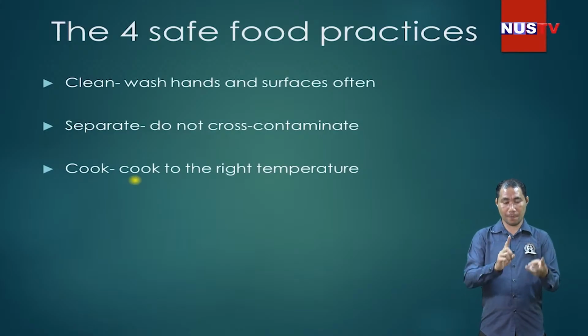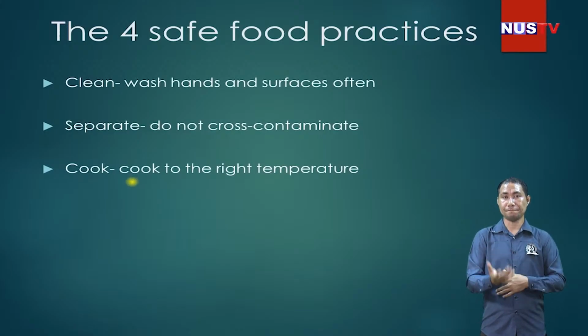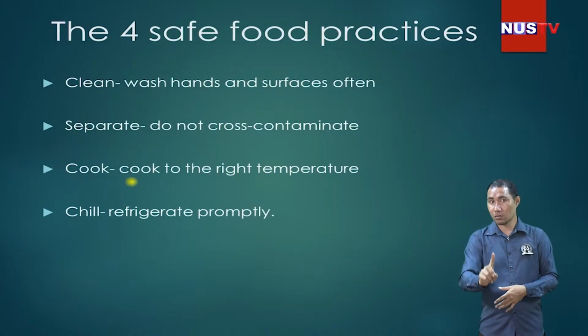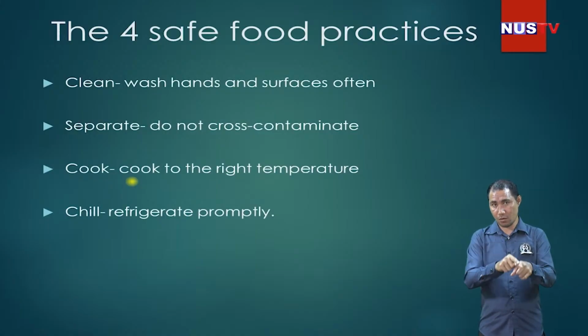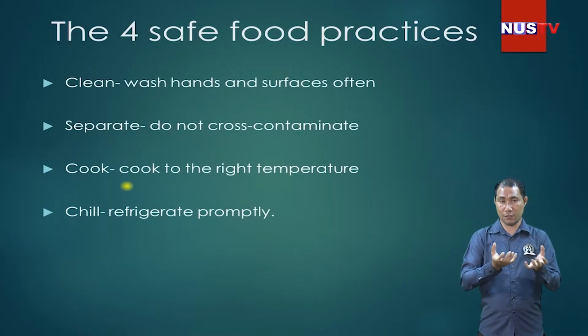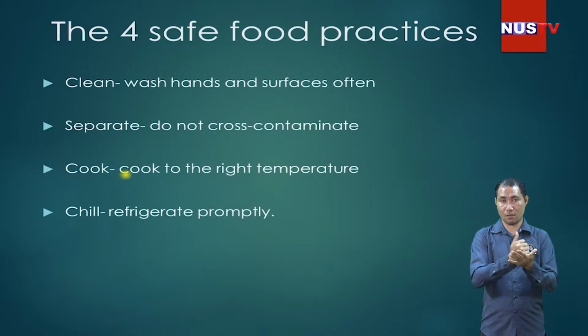The third one is cook. Cook to the right temperature. That means we should consider the appropriate temperature according to the type of cooking method used in cooking. And number 4 is chill.